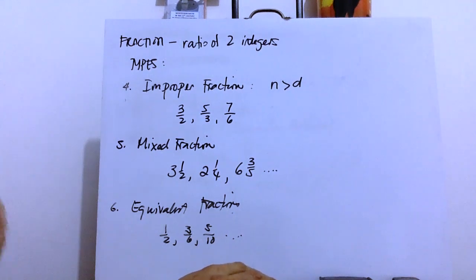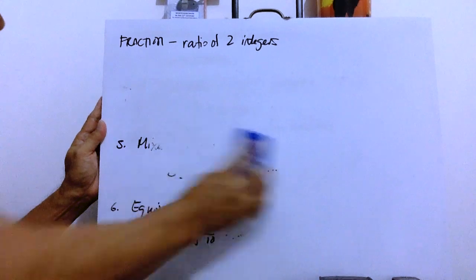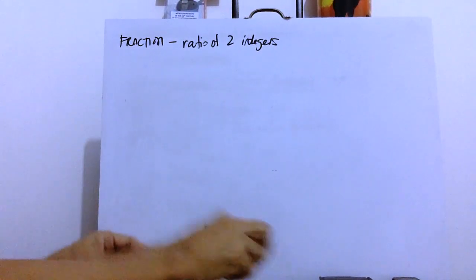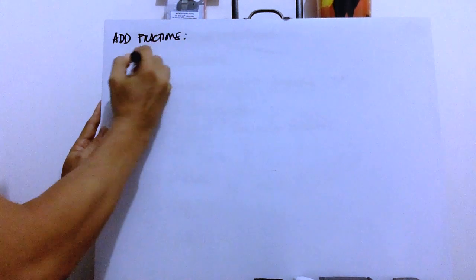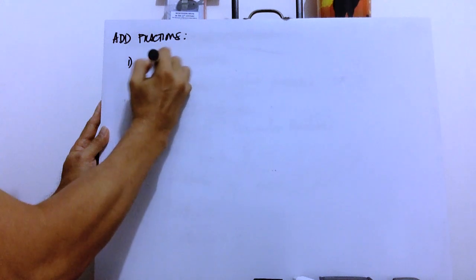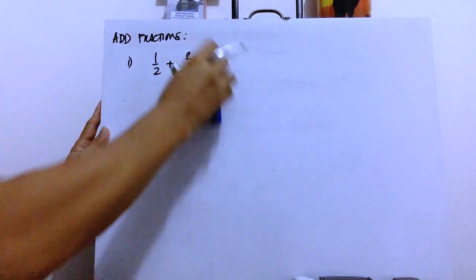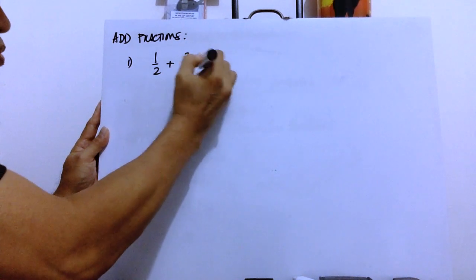Now, how do we go about adding fractions? Okay, I'll try to teach you how to add them very easily. All right? I will erase this. So let's add fractions. For example, let's consider 1/2 plus 3/2.